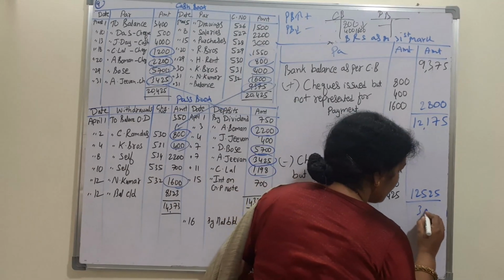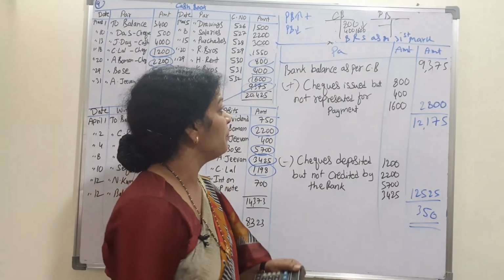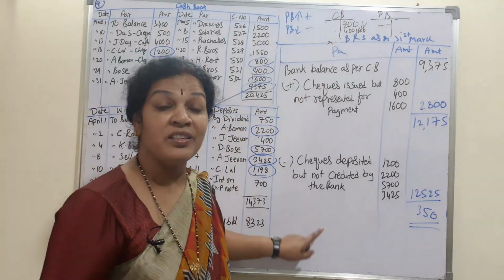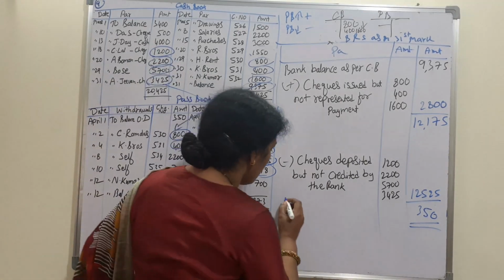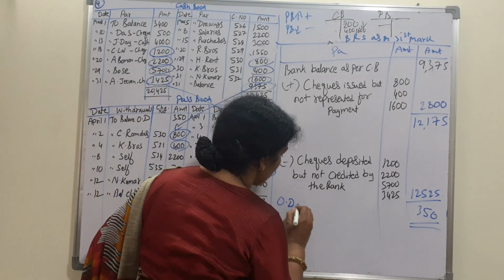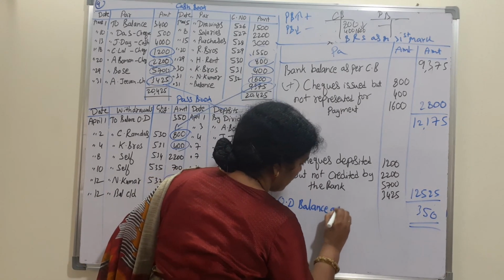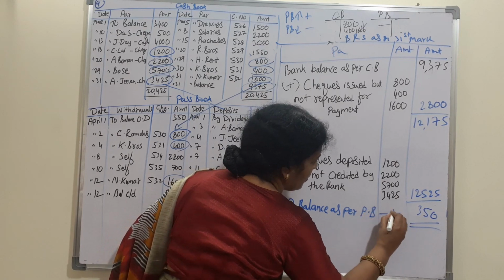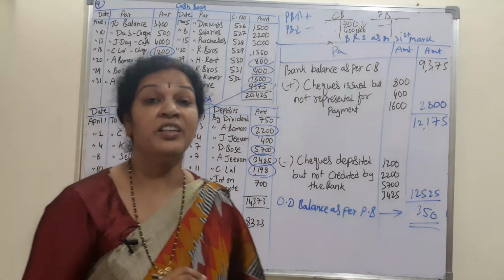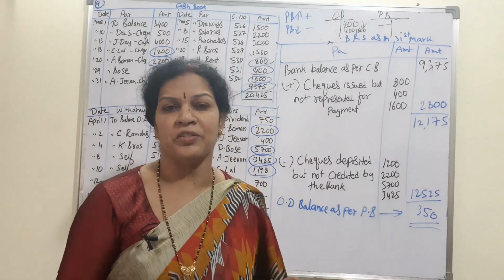350 is minus value. Minus value means favorable balance turns into overdraft. Now this is overdraft balance as per passbook. Are you getting it? Let me explain you very clearly. In the last problem also I told the same concept.